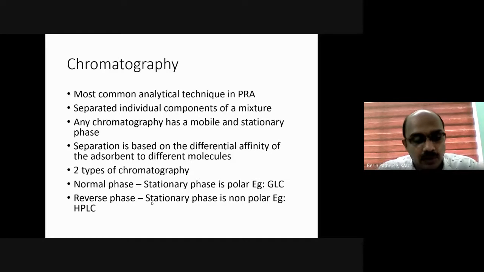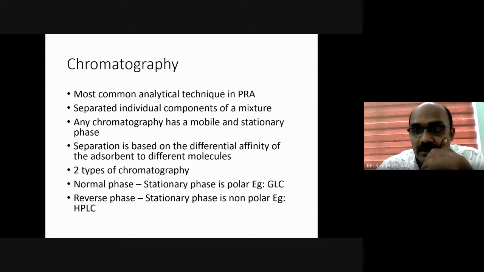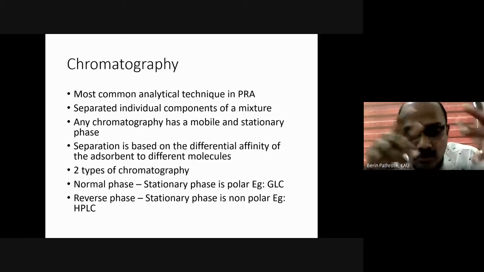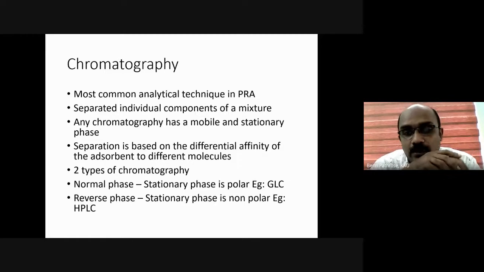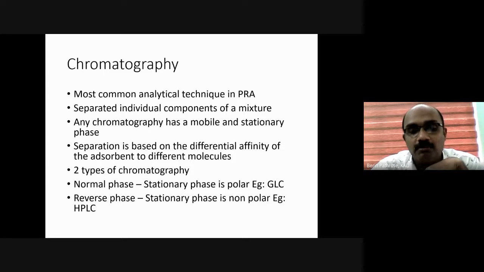Okay. So first we will discuss what is chromatography. Yesterday I just told you what is chromatography, and I told you chromatography is nothing but separation of a mixture of compounds into individual compounds. Yesterday we have seen an example of chromatography wherein we had a mix of colors.